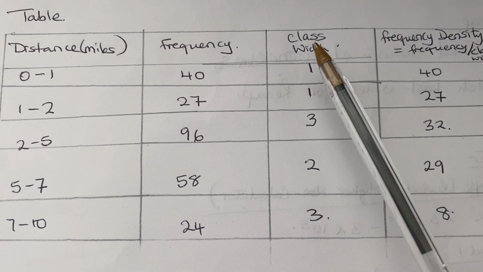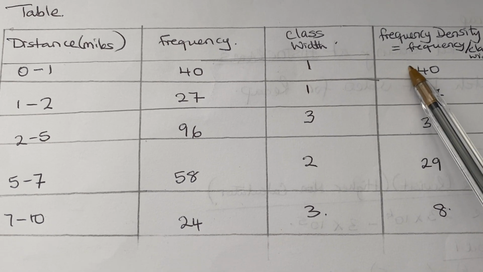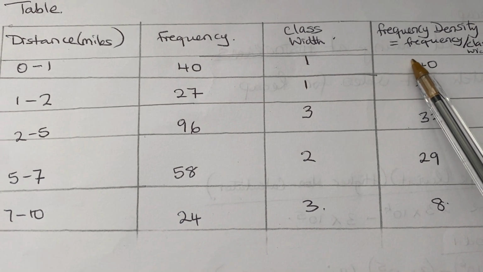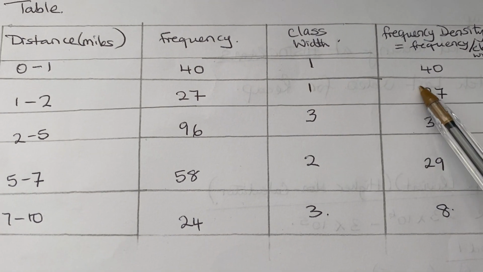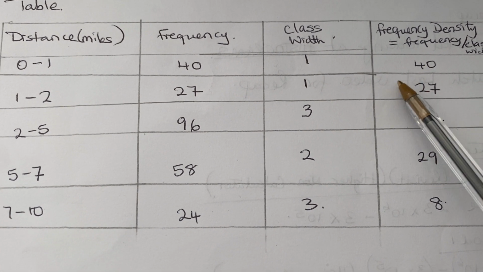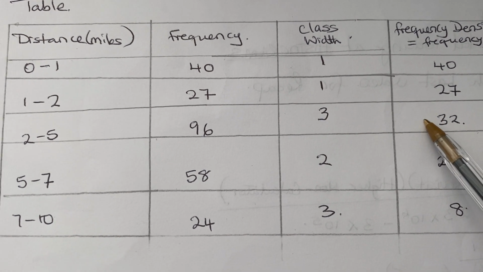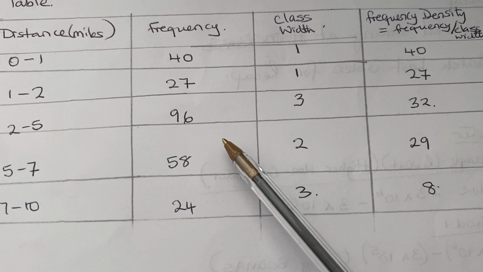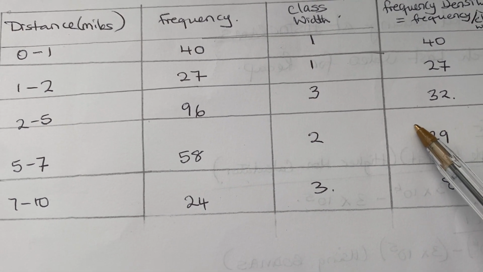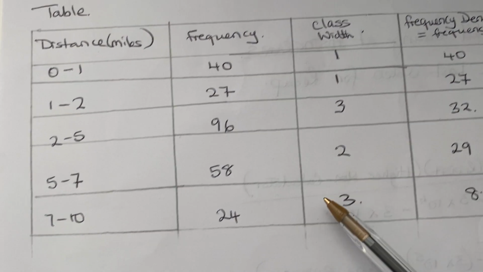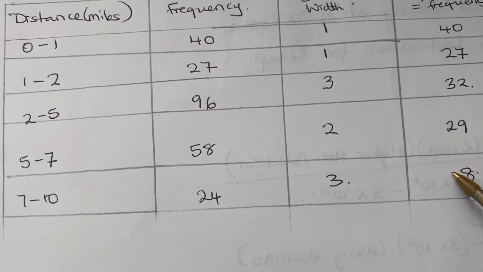So 40 divided by 1 is 40. 27 divided by 1 is 27. 96 divided by 3 is 32. 58 divided by 2 is 29. 24 divided by 3 is 8.